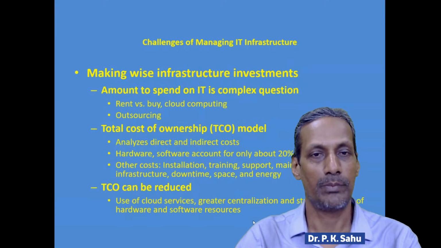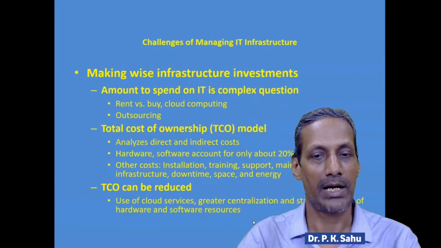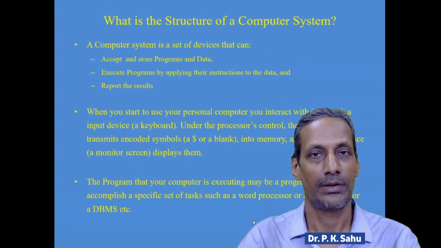You also need to make a decision regarding rent versus buy, or go for cloud computing or outsourcing. The total cost of ownership can be reduced if you make good use of cloud services, if you have greater centralization and standardization of hardware and software resources.